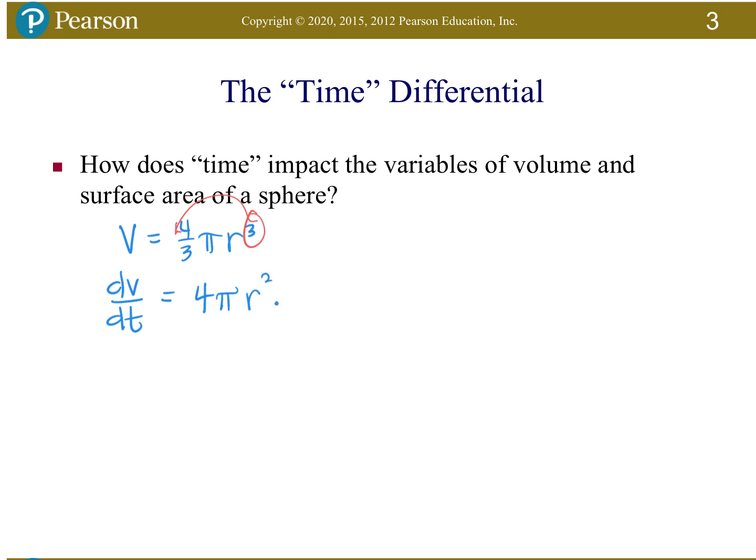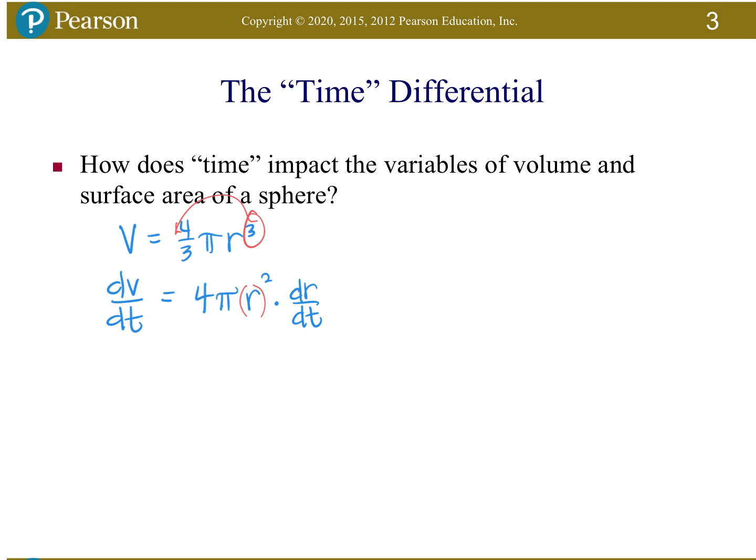What you have to remember is that there's a chain rule applied to this because there are implied parentheses around the variable r. The variable r is still changing, and so we'll be multiplying this by dr/dt. And that's it.